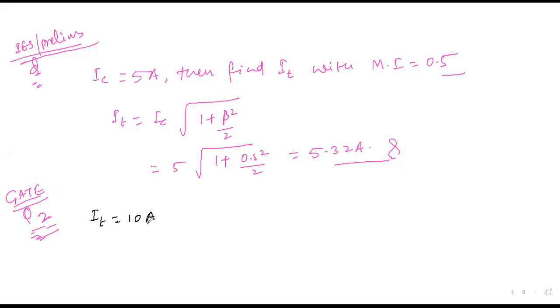I mean, IT equal to 10 ampere when beta equal to 0.4. Find the AM transmitter current when beta equal to 0.8. Solve it.